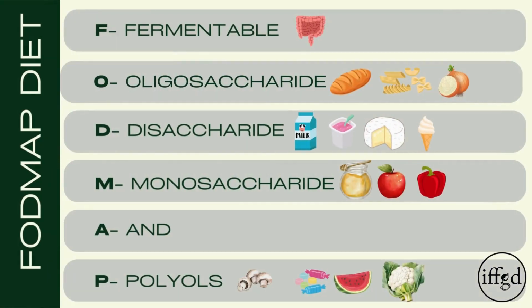Absolutely. The acronym FODMAP stands for fermentable oligosaccharide, disaccharide, monosaccharide, and polyols. And what we do in a low FODMAP diet is we restrict food belonging to one or more of these categories.